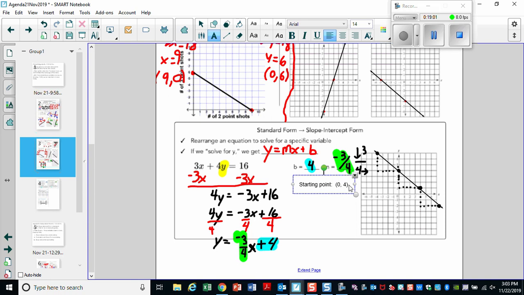So the trend, that's our slope, is down 3, right 4.